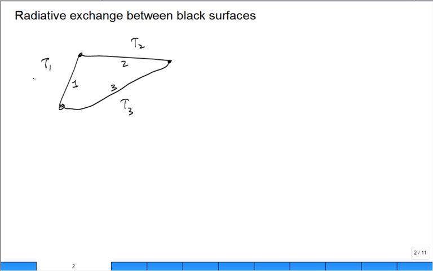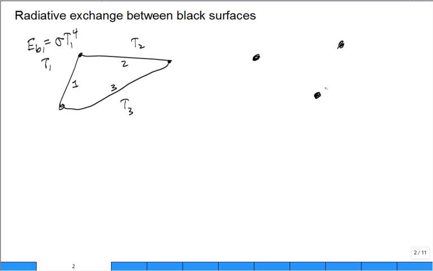But if the temperature T1 goes up, what really drives the flow isn't the temperature, but it's the E_B for 1. What is E_B? The black body emissive flux. And that's sigma T1 to the 4th from Stefan-Boltzmann's law. And that's what drives the flow. So we model the flow as having a network where we'll have a node, and a node.